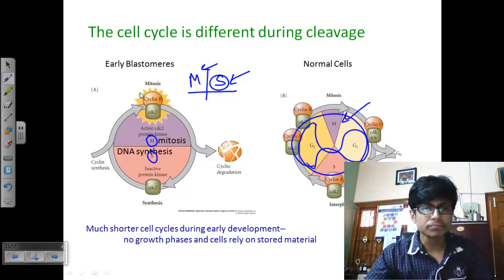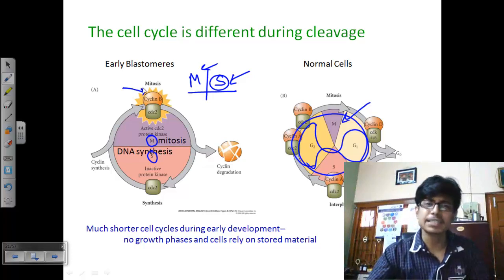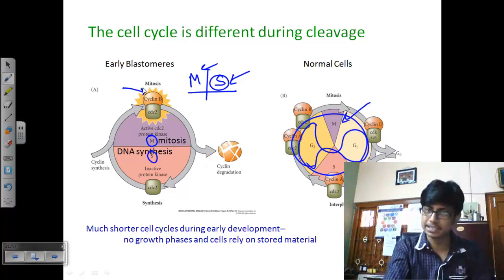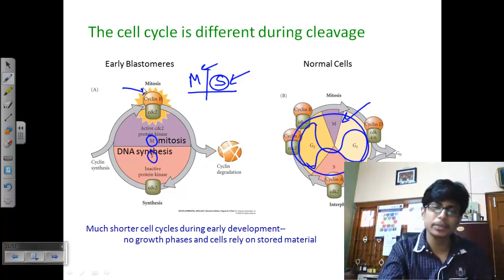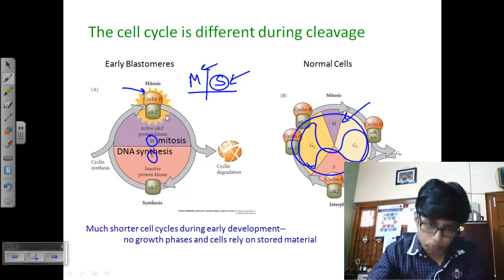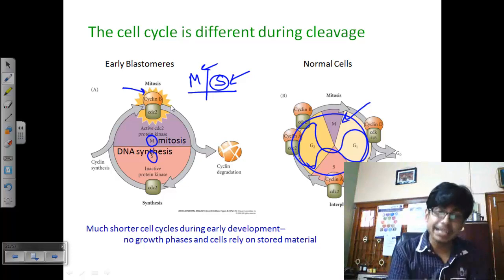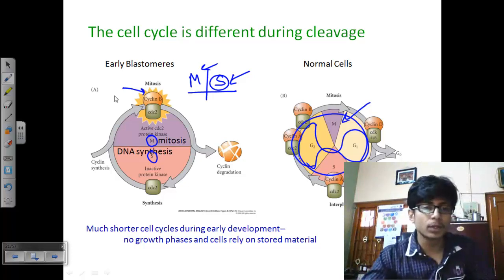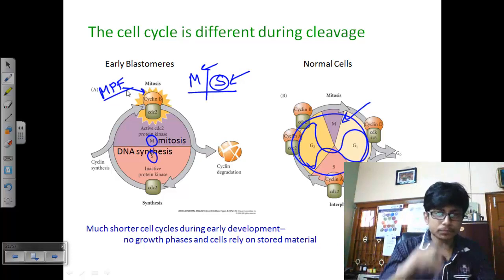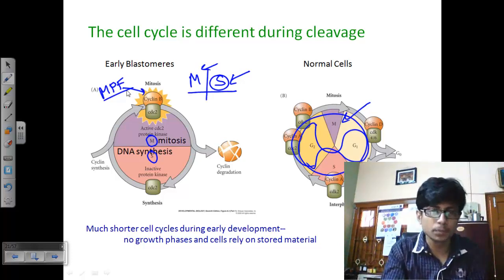So see, the molecules cyclin and CDK are required for cell division, and we see mitotic cyclins are required. So mitotic cyclin, or we can say cyclin M, in this case the example is cyclin B, and CDC2, cell division cycle protein 2, along with cyclin B. They interact together and form what we call mitosis promoting factor or mitosis promoting complex, and that complex helps in the mitosis process proceed properly.